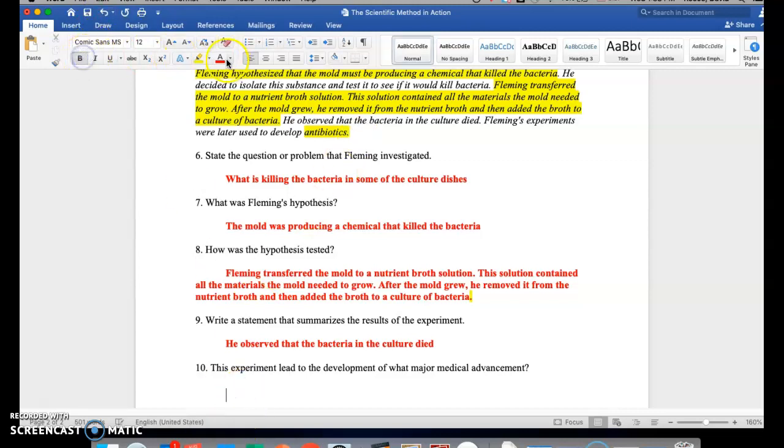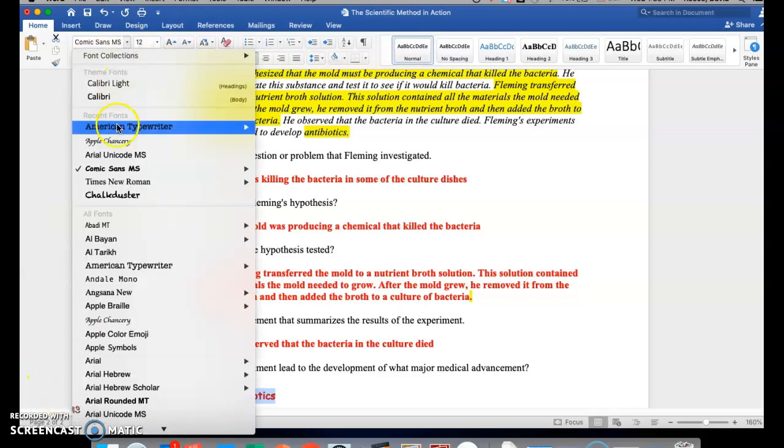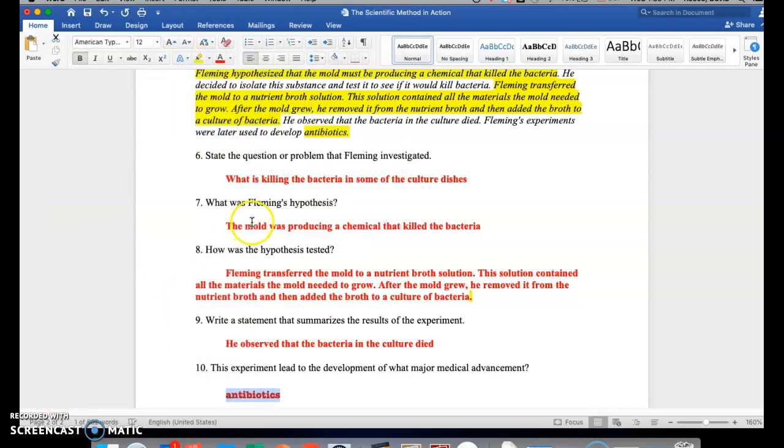I'm just going to write antibiotics and their development. He actually came up with and found penicillin. Okay, and that is where this comes from. So again, just working your way through the scientific method.